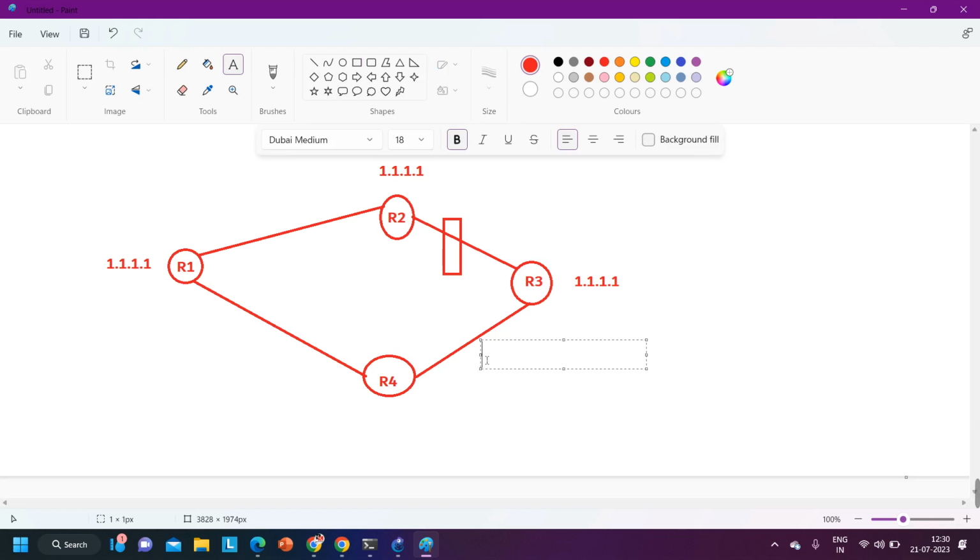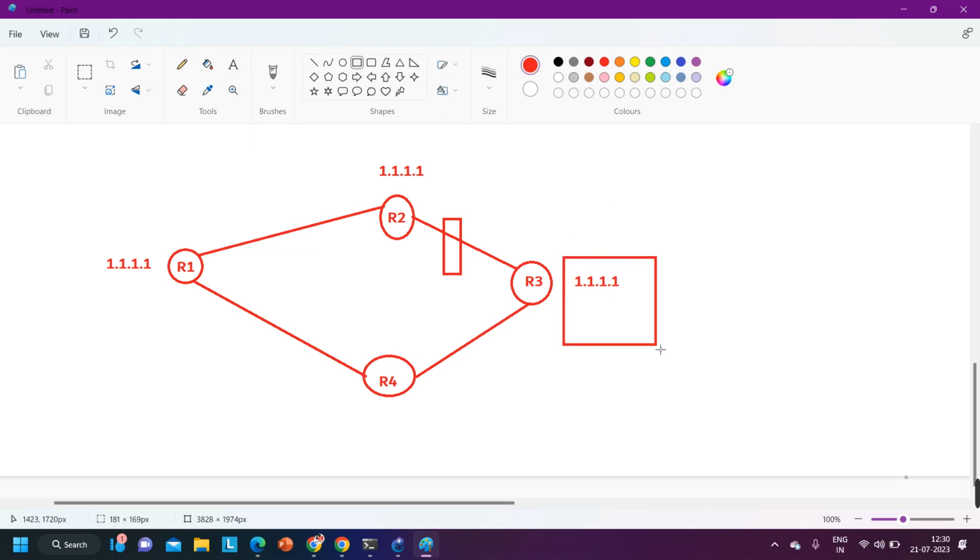It will send one query message just to ask, hey, I lost the reachability for the network 1.1.1.0, do you have any alternate path? And if router 4 has one, it will share it, otherwise it will give a negative reply. But in OSPF, we don't have any query message, because R3 already has the information that to reach this network, I have two available paths.